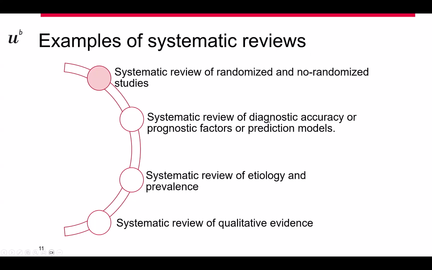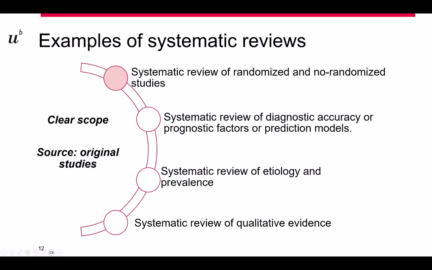We have systematic reviews of diagnostic accuracy, prognostic factor, or prediction models. We have about etiology and prevalence of disease or any phenomenon. And recently, there is also guidance on the development of systematic reviews on qualitative evidence. What are the common elements? As I mentioned, they have a clear scope.